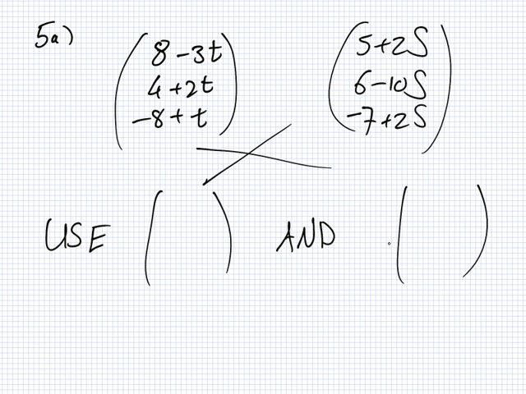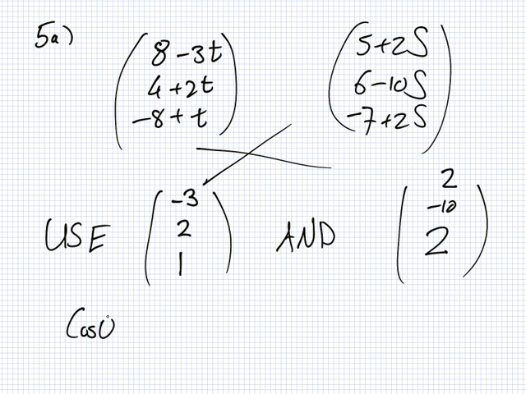Do you remember I did this example? What did I say to use? Minus 3, 2, 1. And here I said to use the coefficients, the C and the D. Well, this is easy now.